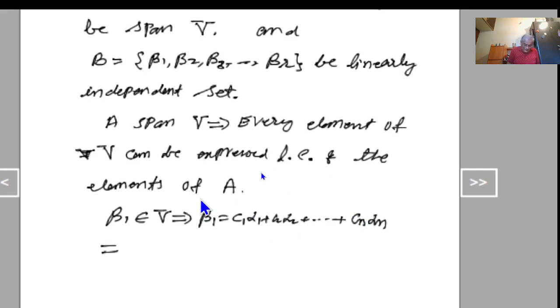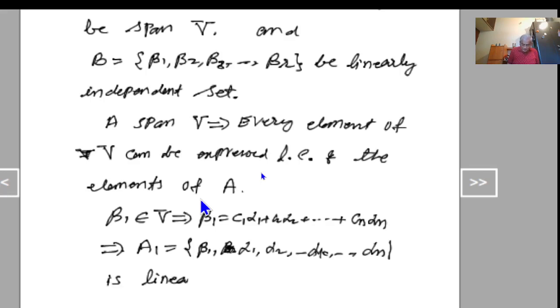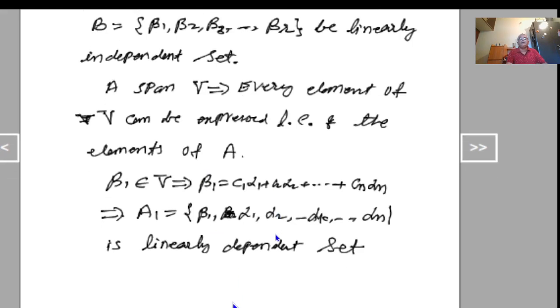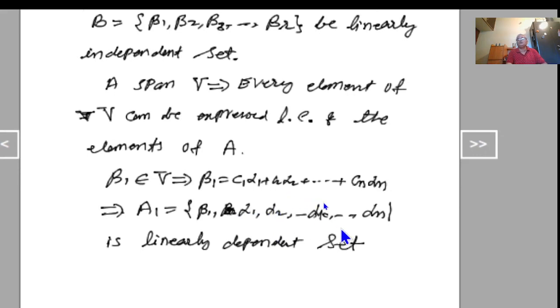That is, this implies, I will take one more set here. Say A1 is equal to beta 1, alpha 1, alpha 2, up to alpha k, up to alpha n is a linearly dependent set. Okay, this is a linearly dependent set.